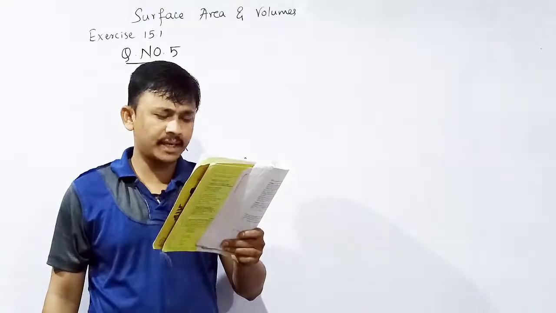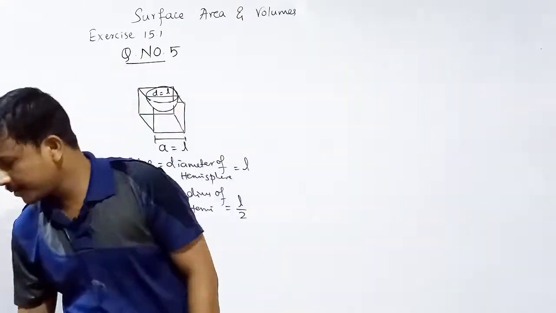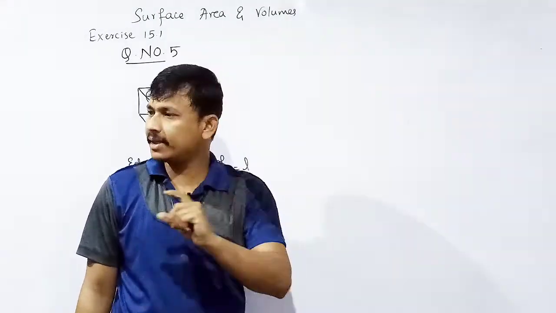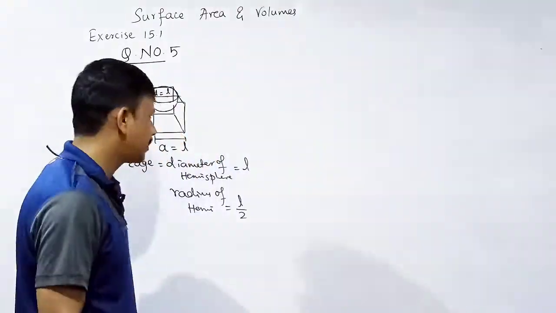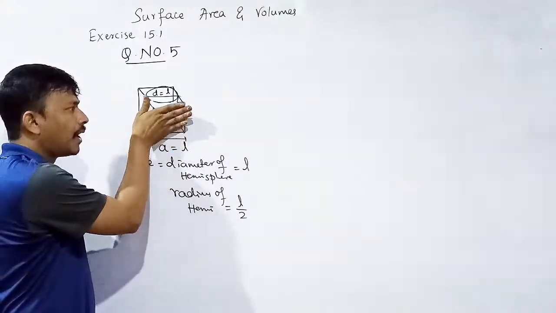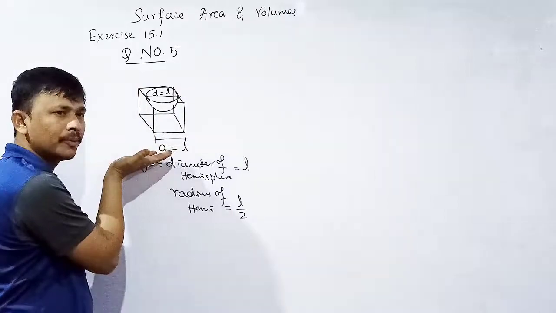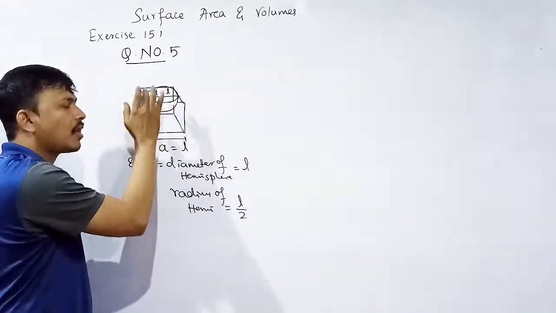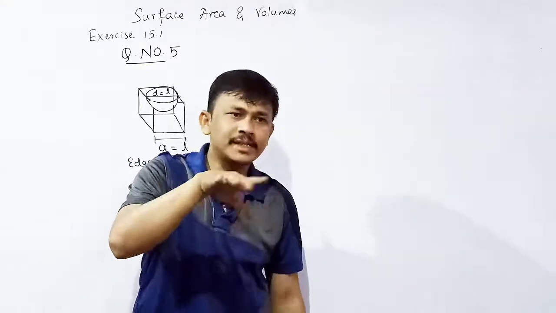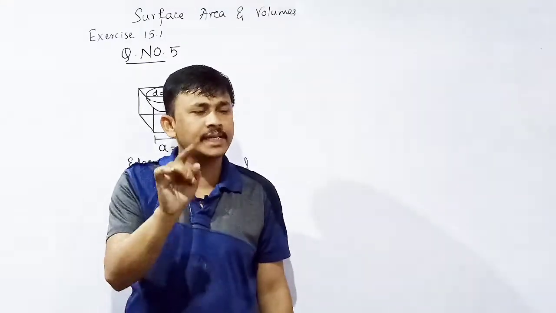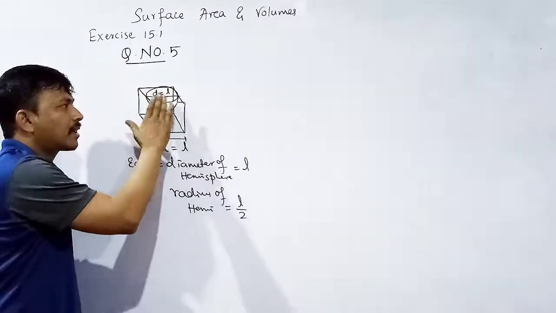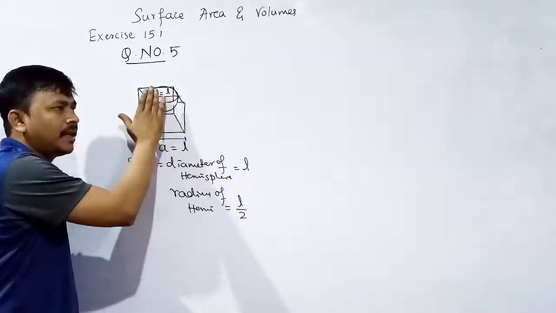Determine the surface area of the remaining solid. We need to find out the total surface area of the remaining solid. Correct? Look here. We can feel 5 faces of cube and also the edges of top face. That means we need to take all 6 faces minus pi r square, because we cannot feel the circular part of the hemisphere.